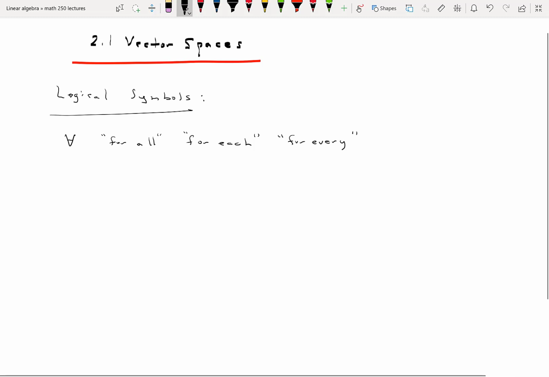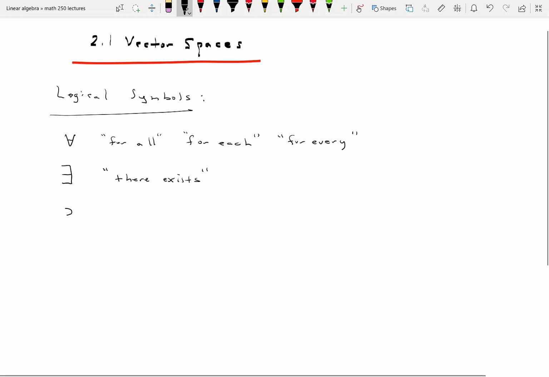Okay, we have also a backwards E that stands for there exists. There exists. Okay, or there is. Okay, there exists, or there is.